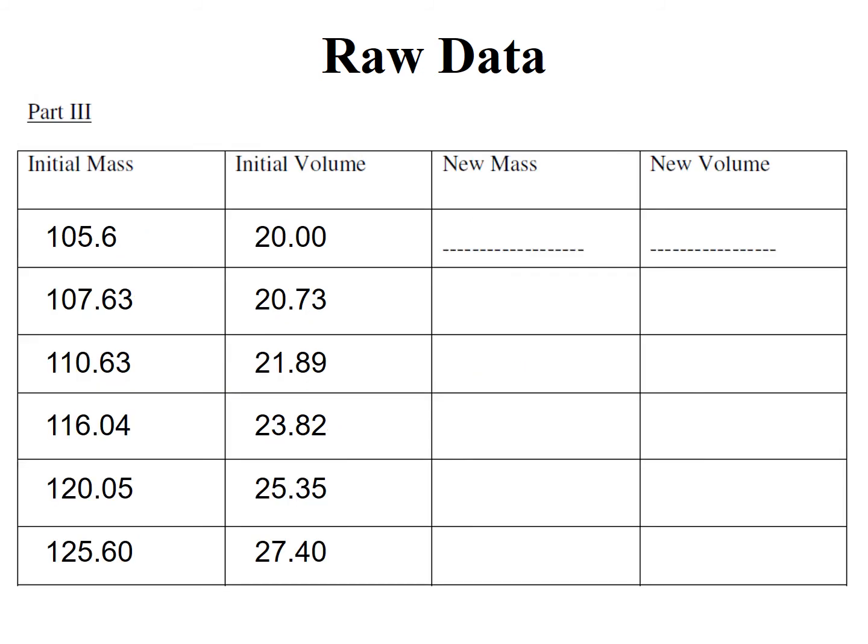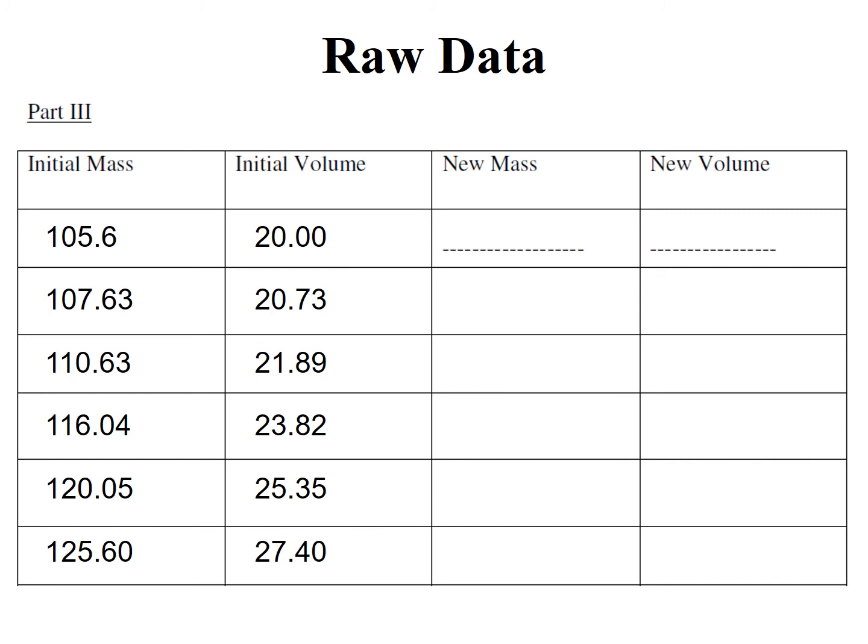The last part that we have here is getting the density of an unknown irregular solid. The way we're going to do it is to take the number that we have here and subtract the initial value that you have here.